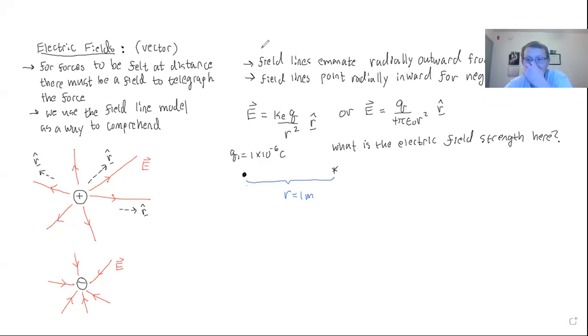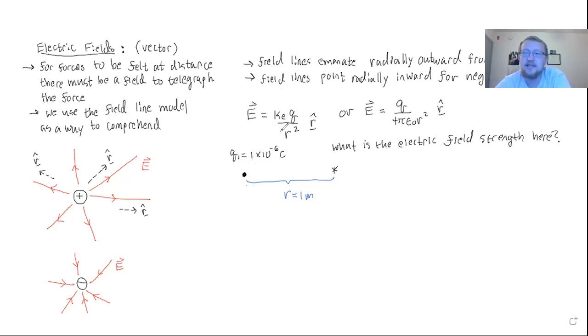All right, so how do we calculate it? Well, the electric field, which is a vector, by the way, can be calculated by taking the Coulomb constant, times the charge that's creating the field, and then dividing by the distance, the shortest distance between wherever that charge is and wherever you're wanting to measure the field at.